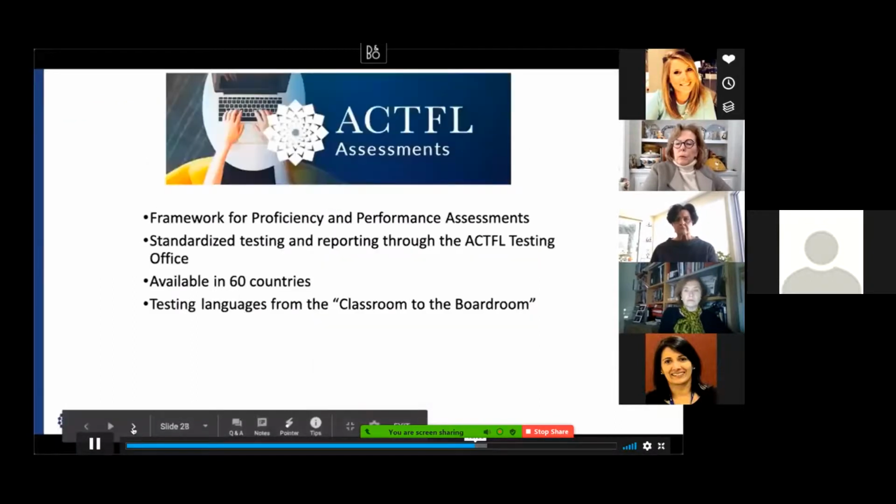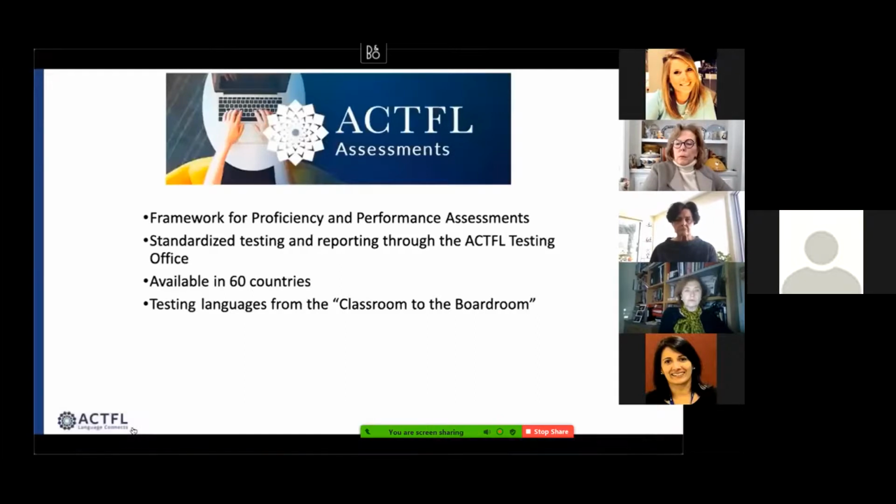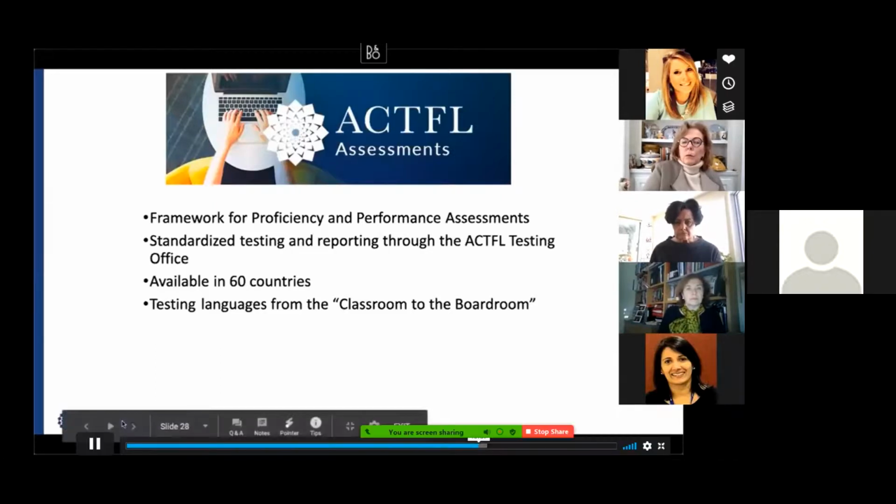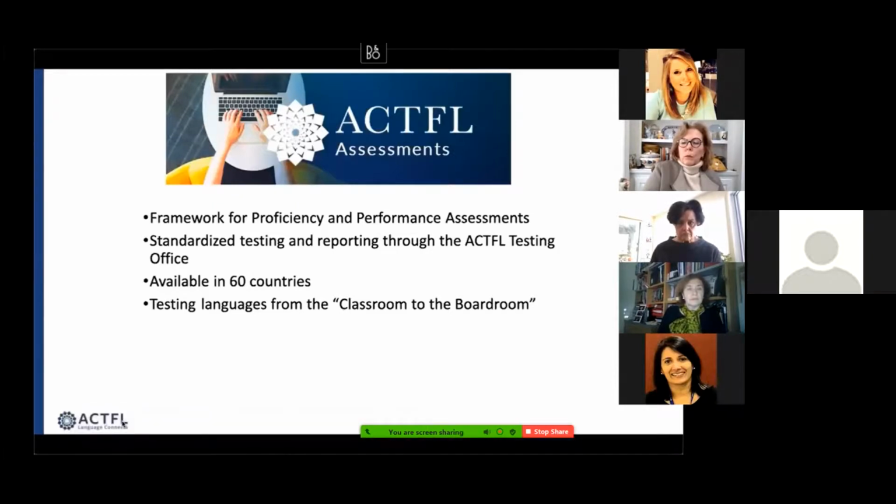Last slide. So I'd like to finish up just by reminding everyone that ACTFL assessments are a framework for both proficiency and performance assessments. They offer standardized testing and reporting through the ACTFL testing office. They're available in 60 countries. The assessments can be administered internationally, and the ratings are understood and used across borders.